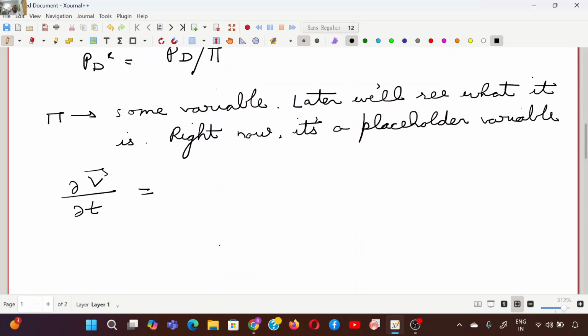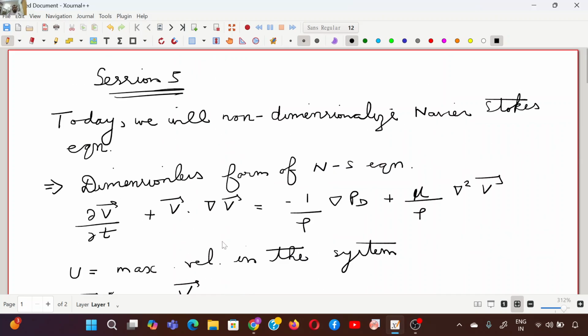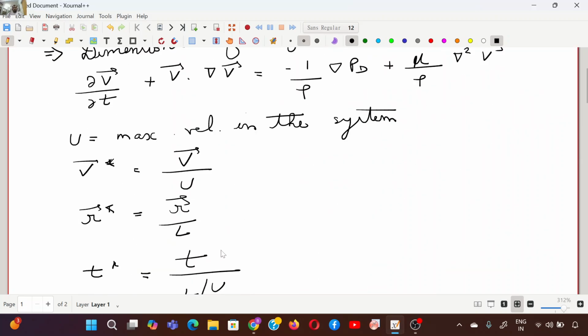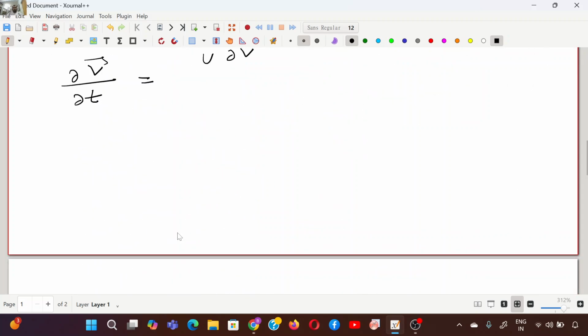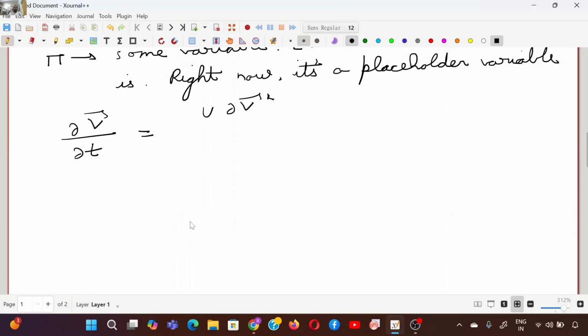So it will be just U into dou v star by, and what is t? L by U into t star. So it will be just L by U into dou t star.